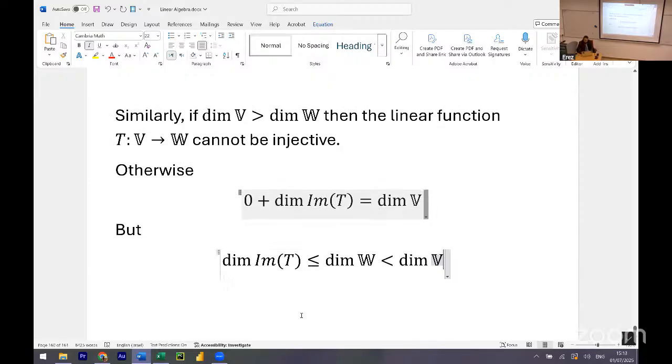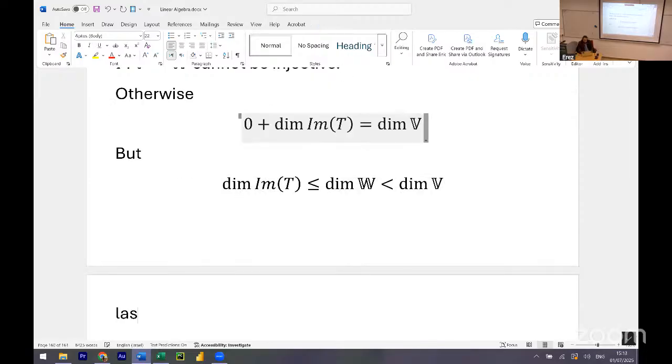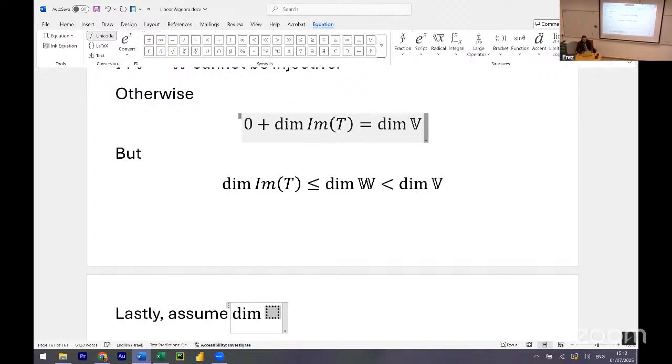And lastly, assume that the dimension of the domain equals the dimension of the range.